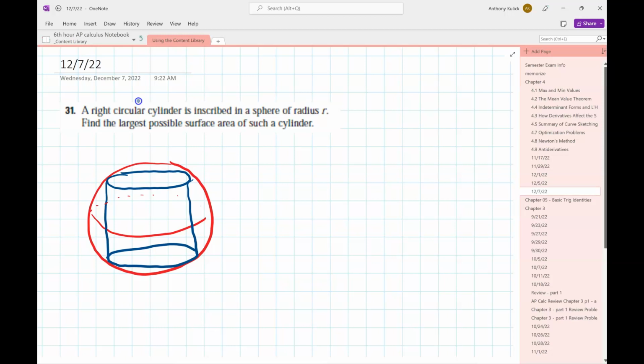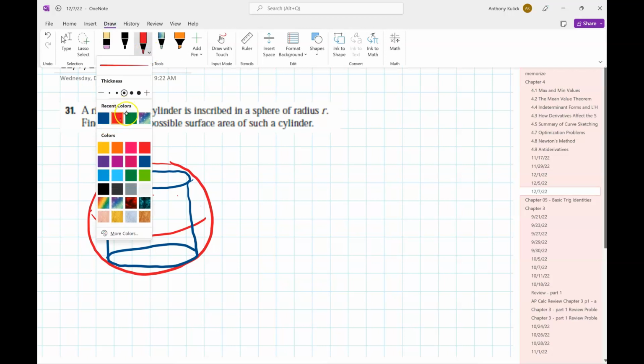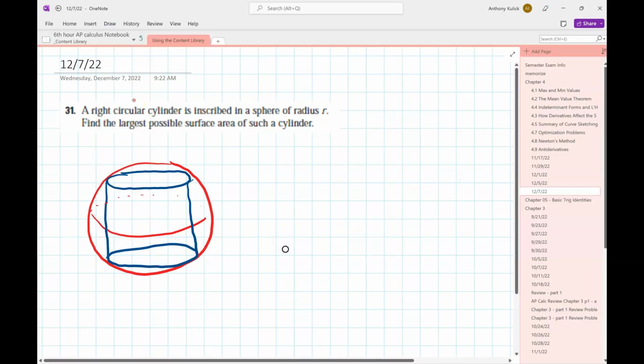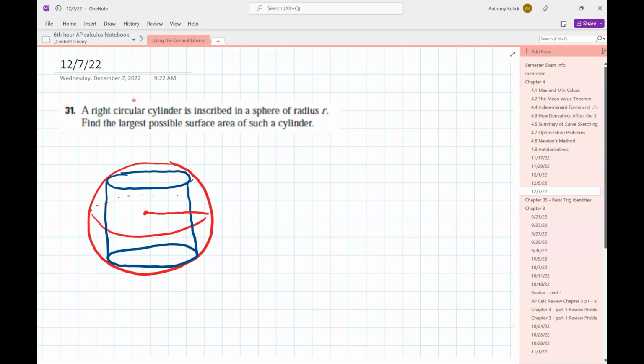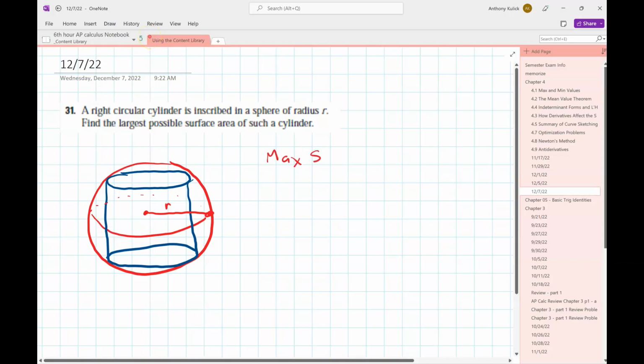It says that the sphere has radius r. And we want to find the largest possible surface area of the cylinder.